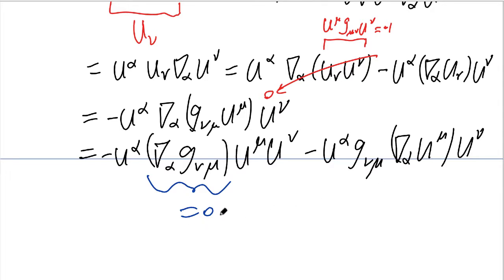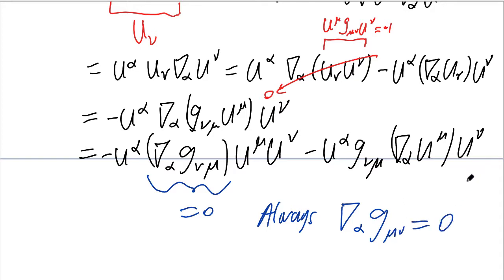All right, I gave this as one of the practice problems in a previous lecture, but it's always the case that the covariant derivative of the metric itself is 0. And you can prove that by just expanding this out into ordinary derivatives and Christoffel symbols, and then using the expression for the Christoffel symbols in terms of derivatives of the metric.